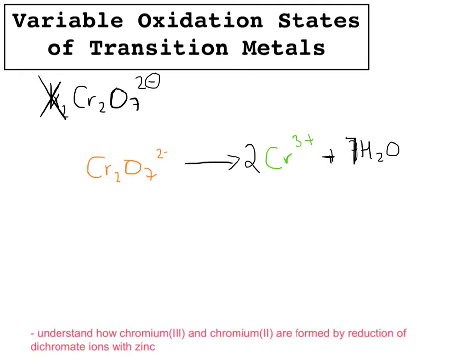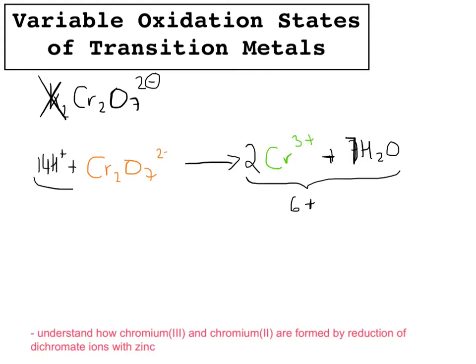Then we need to balance the hydrogens with H+. There are 14 on this side. There are none on this side at the moment, so we need to put in 14 H+. And then we also need to balance the electrons. On this side, there is an overall charge of 2 times 3+, and so there's a 6+ charge overall on this side.